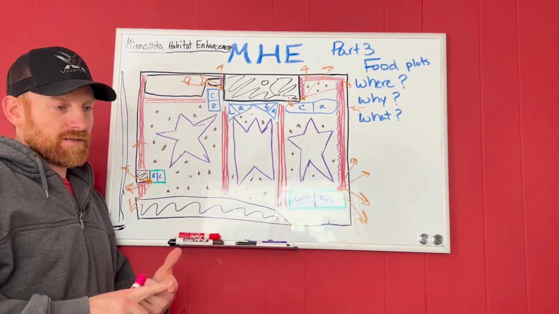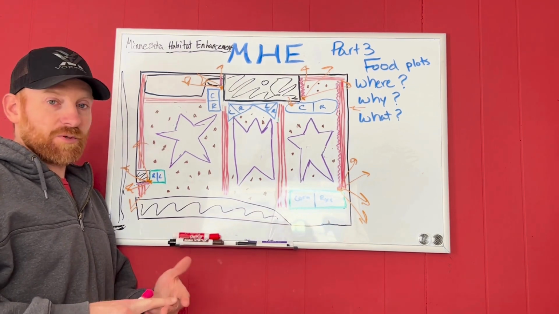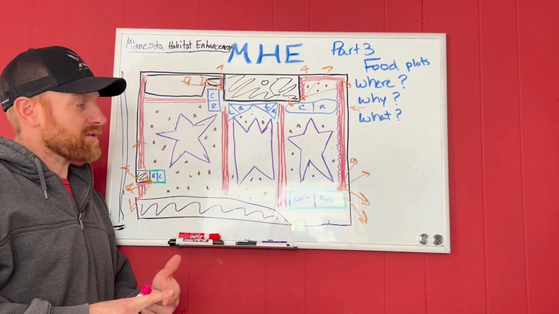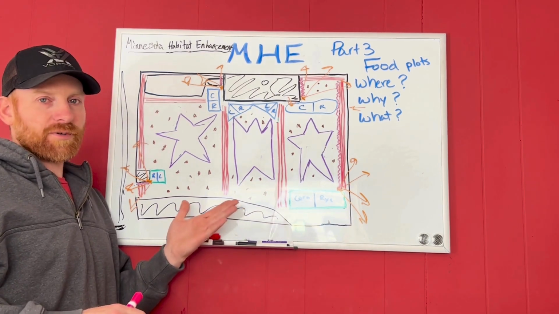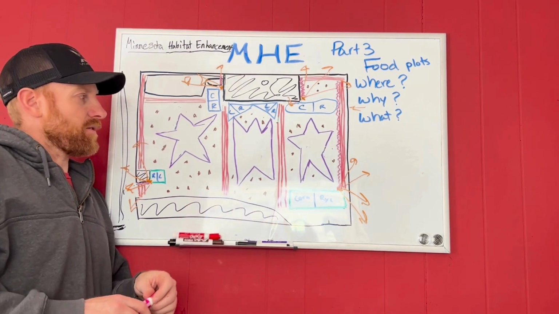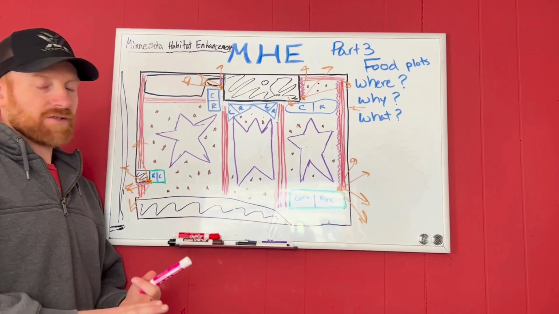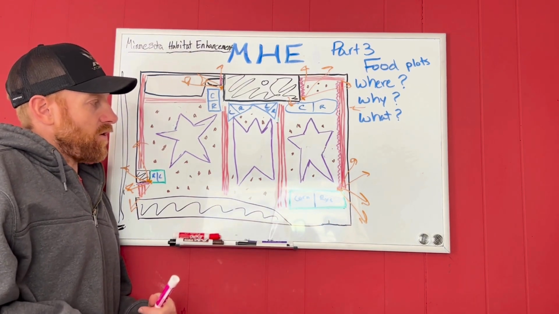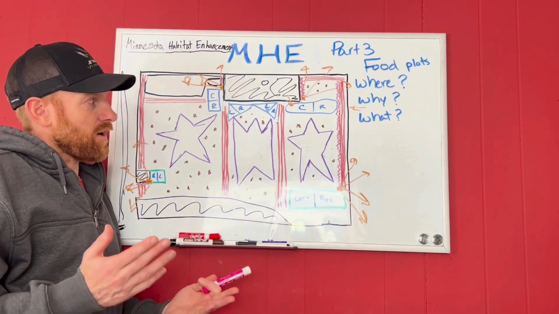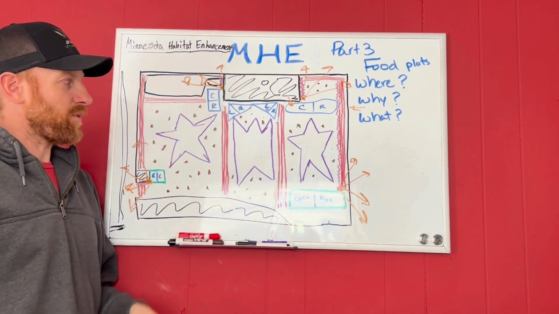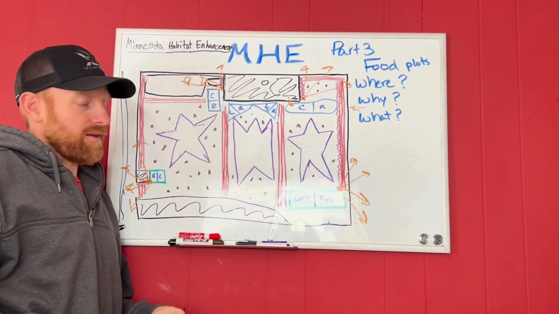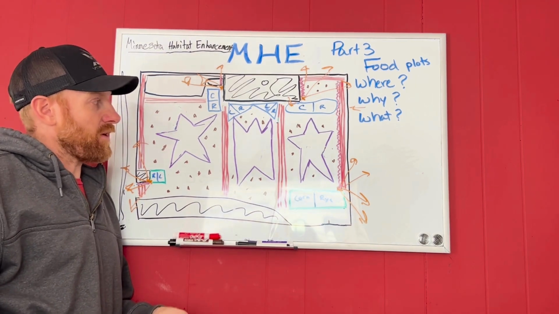We're also going to add some kill plots and some future kill plots and some future stand locations for when more archery opportunity opens up in this. We're going to add some kill plots and some other stand locations. And how we're going to access those. So we'll cover all of that in part 4, but this is part 3, food plots, where we're putting them, why we're putting them, and our food plot plan.